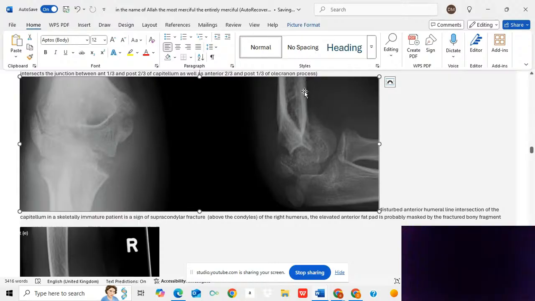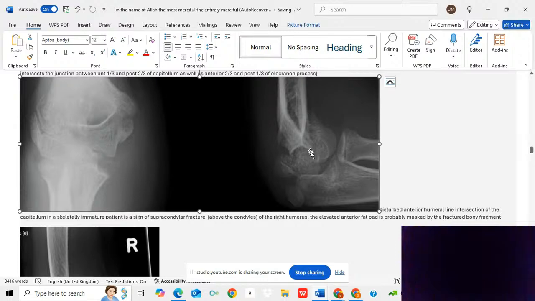Or you can say that it intersects the distal one third of the olecranon process. This means this is a sign of supracondylar fracture. The fracture here is above the condyles. So it is supracondylar. As you can see, this is the fracture, this is the supracondylar. You can see here the evidence of supracondylar fracture above the humeral condyles.